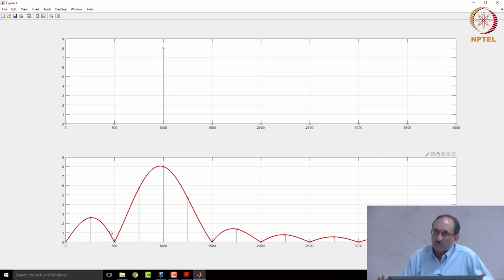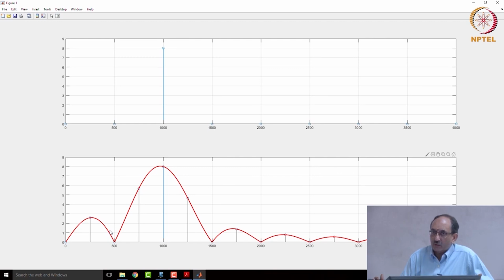convolved with the two impulses, which means it will shift the transform which is originally centered around the origin, because you have the rectangular pulse, and it is sin(N omega/2) by sin(omega/2). Of course, you have the phase term and all, and that is centered around the origin, right? Its peak occurs at omega equals 0.